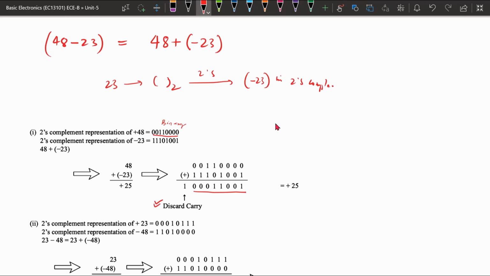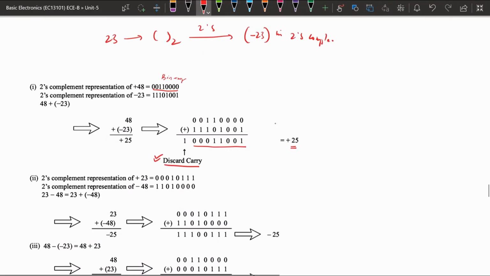So in case of 2's complement, if addition is performed using the 2's complement, and a carry is generated in the result, we will neglect or discard this carry. So the result will be 0 0 0 1 1 0 0 1. This gives out plus 25. So this will be our result.